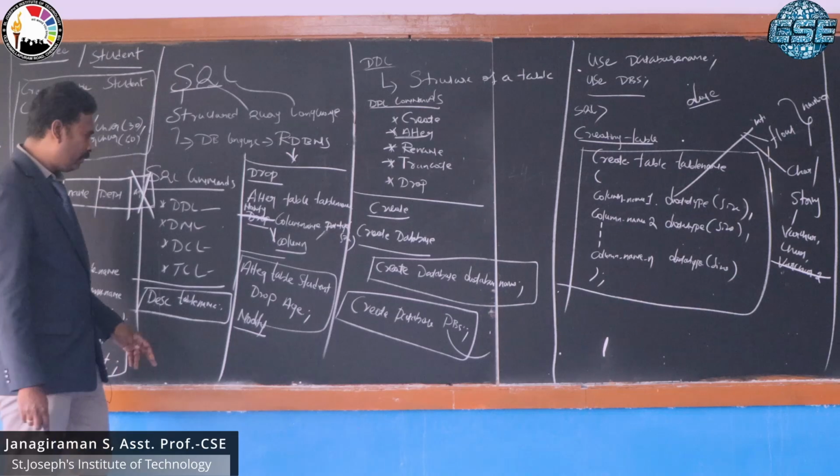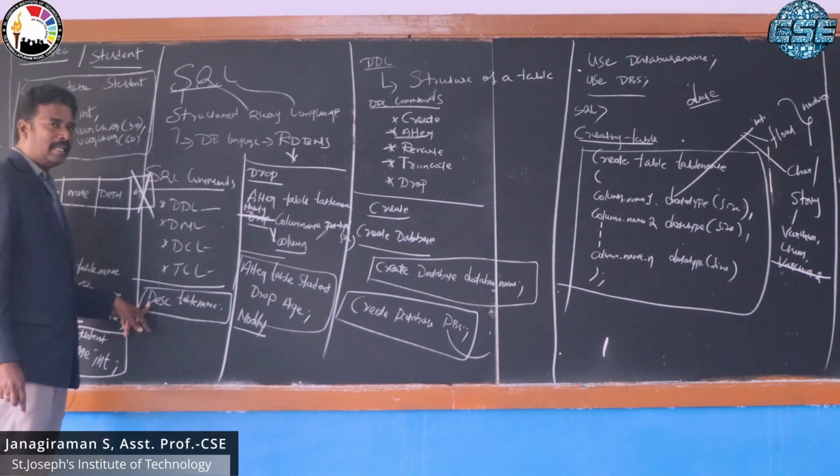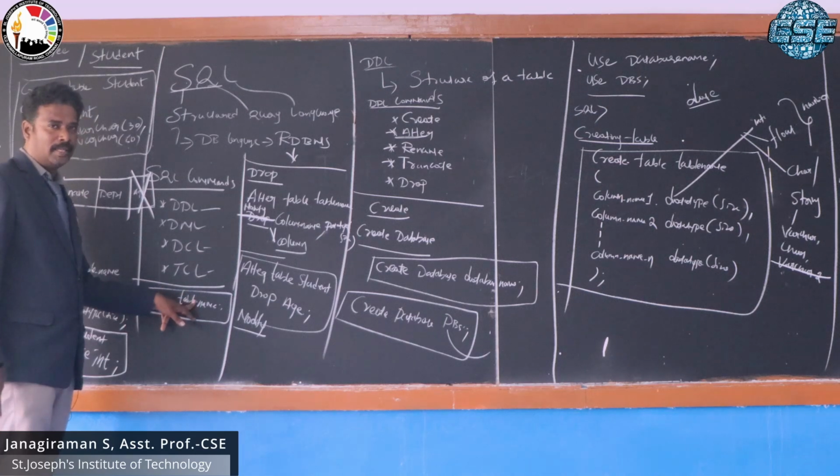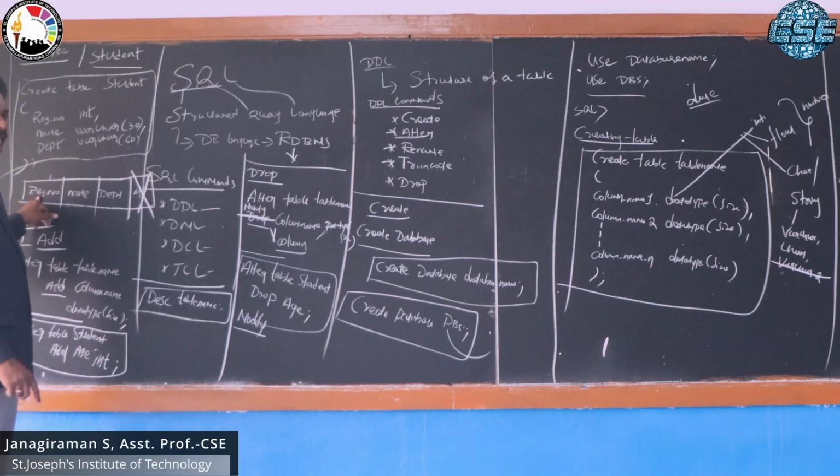That you can verify by using this command. So what is that command here? DESC student. If you just type this particular command now, all the columns that are created, that is the structure being created, will be visible along with the data type. For example, for integer it will not specify any size. For name it specifies the size as 30.